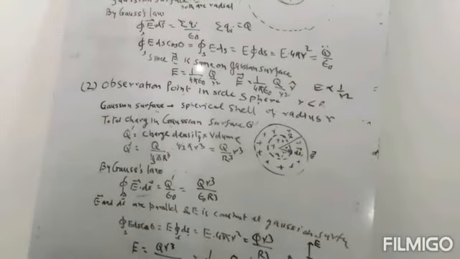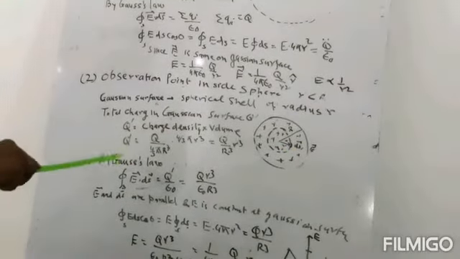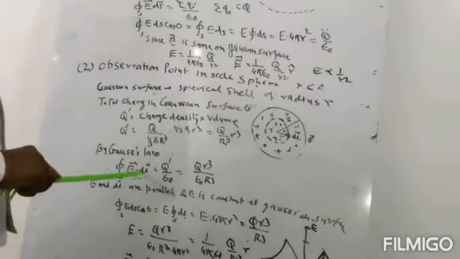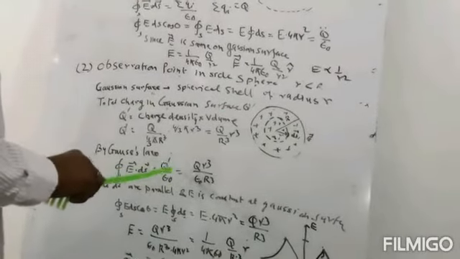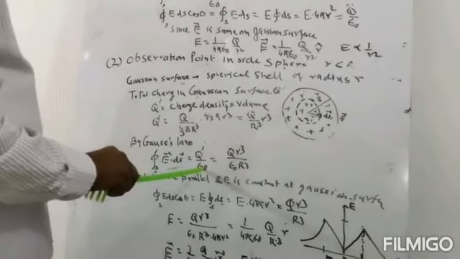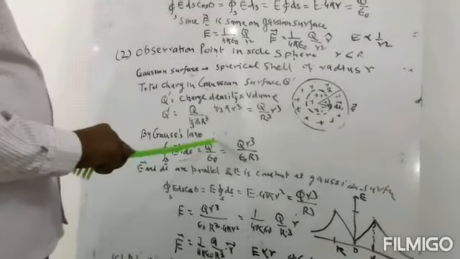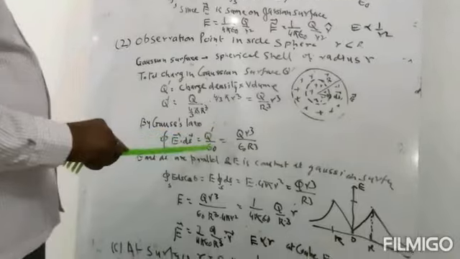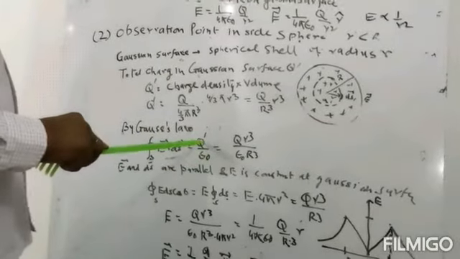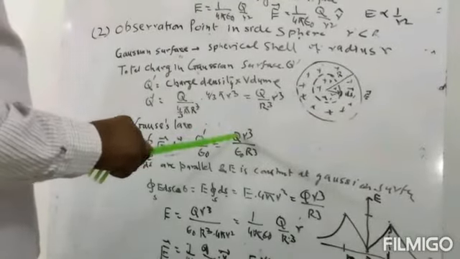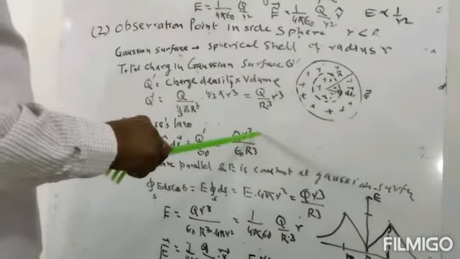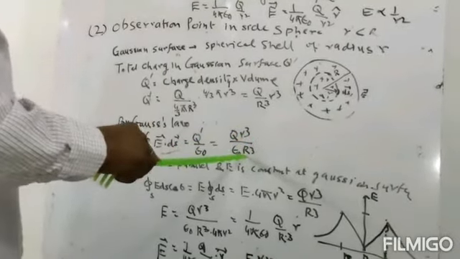Now we will apply the Gauss law. According to Gauss law, the surface integral E dot ds will be equal to 1 by 4 pi epsilon 0 q dash, or q dash by epsilon 0. Now q dash will be equal to total charge q into small r cube by capital R cube.